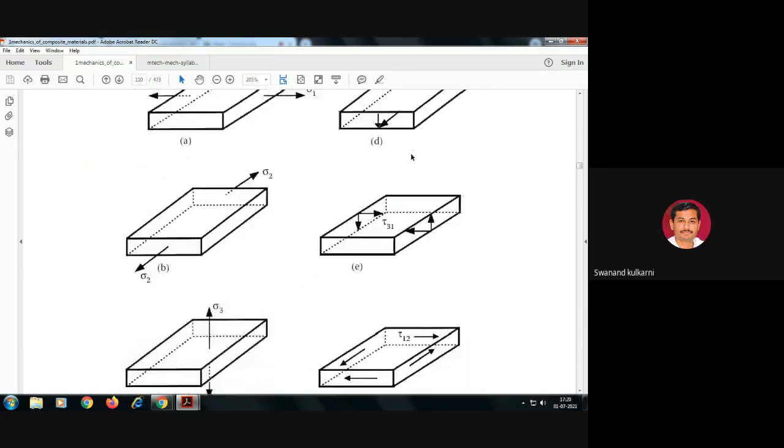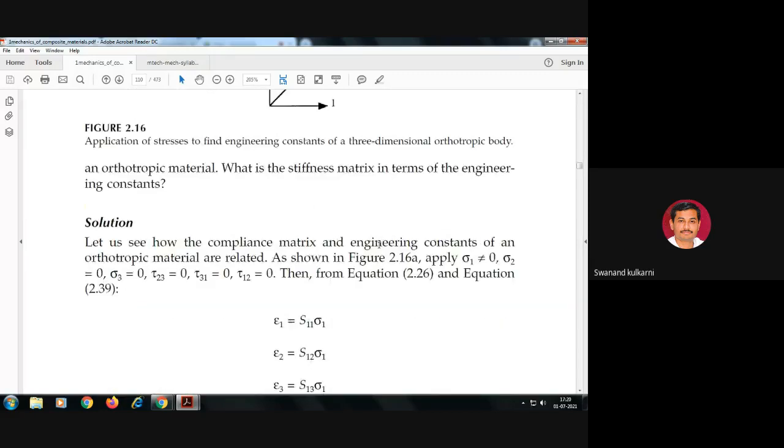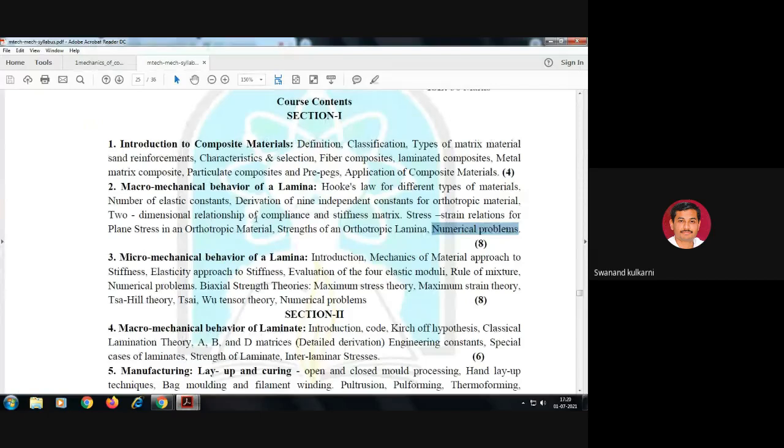Now the question is clearly given here: the stress-strain relation is given in terms of the compliance matrix for orthotropic material. Rewrite the compliance matrix equation in terms of 9 engineering constants. Basically in this syllabus, one point is stress-strain relations for plane stress in orthotropic material, and another is derivation of 9 independent constants for orthotropic material.